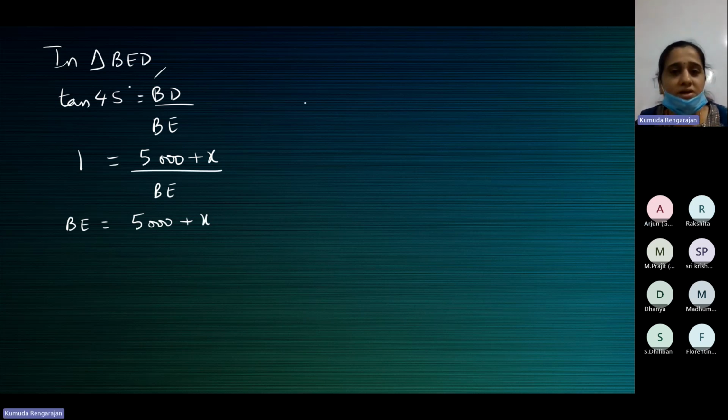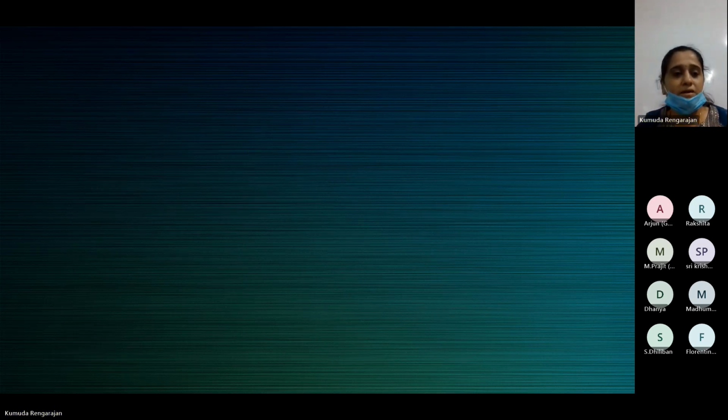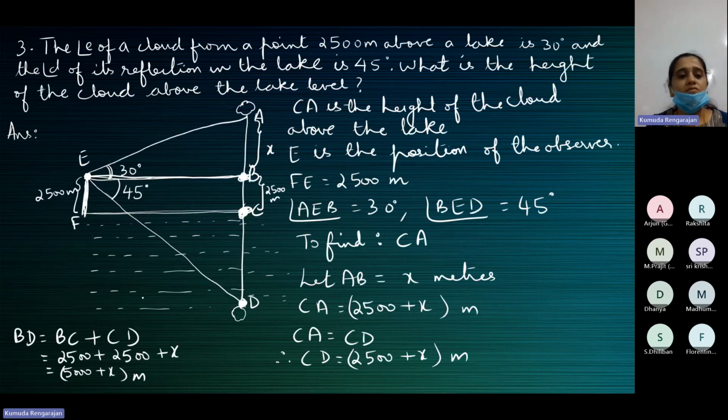Now the other triangle. In triangle AEB, tan 30 degrees is equal to opposite over adjacent. What is opposite for 30 degrees?